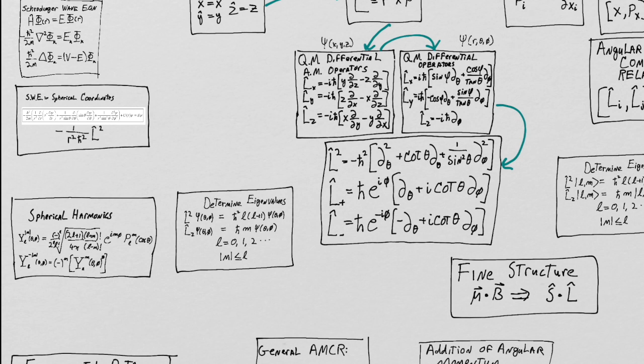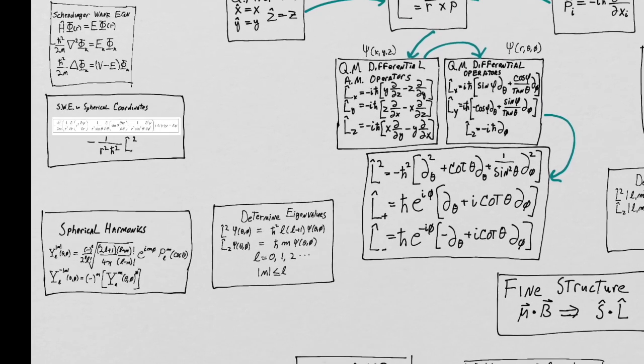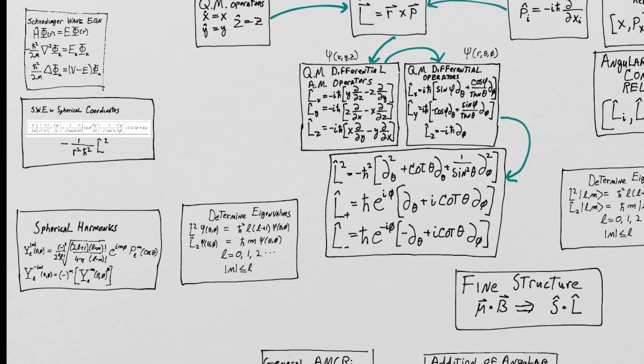And as long as the Hamiltonian is only dependent on the radius, meaning the Hamiltonian of the problem is spherically symmetric, a function of r only, so, for example, a 1 over r dependence of a potential would be a good example of that.